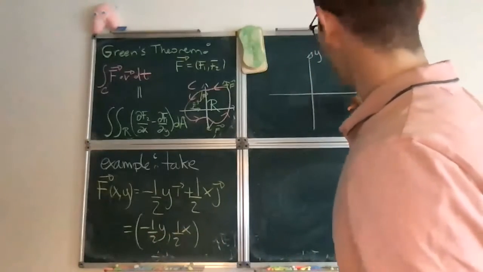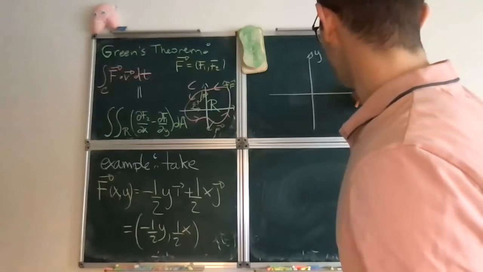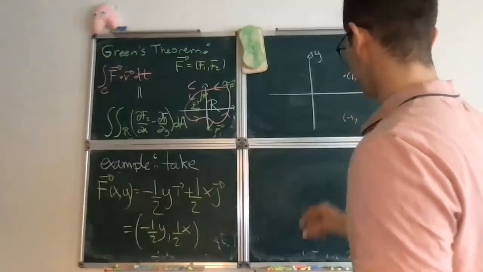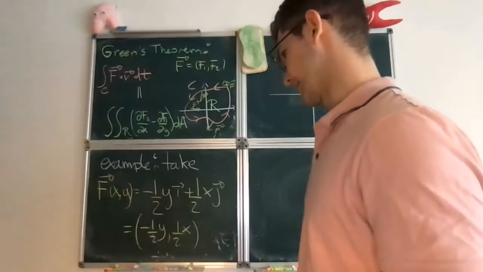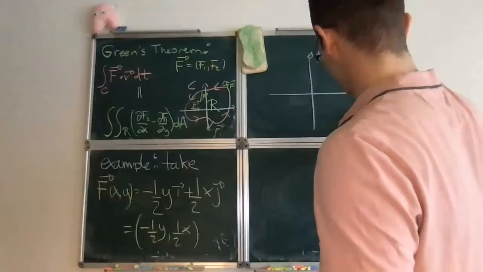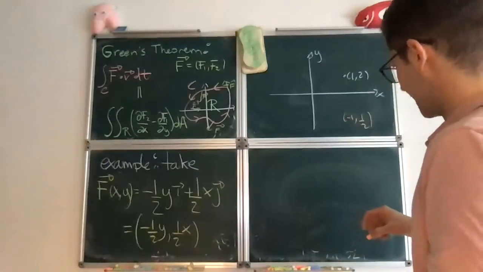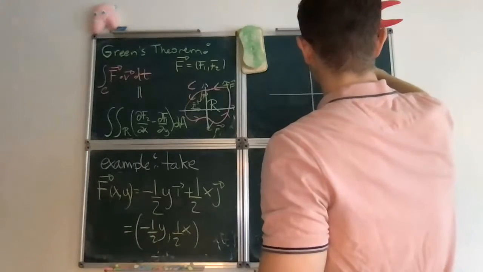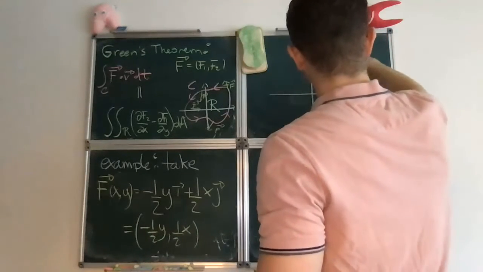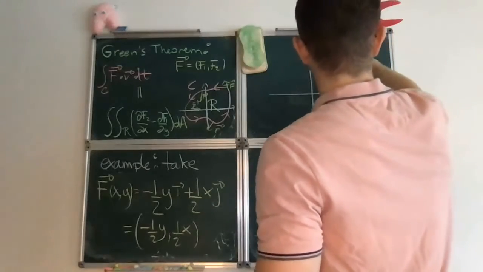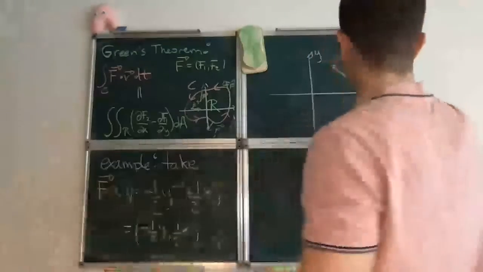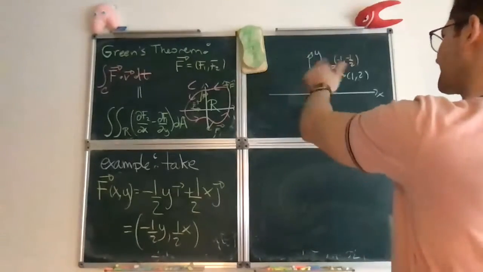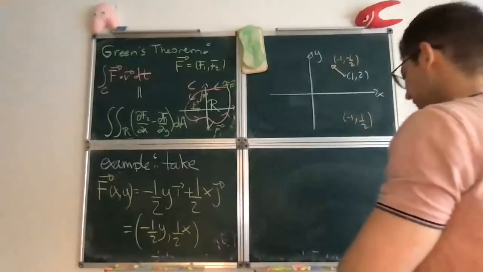So y is 2 in this case, so the x component is -1, right? Let me just write it here. And the y component is 1/2 of x, so it's 1/2. And so this vector is something like this, right? It points to the left because the x component is negative, and points upstairs to the north because the y component is positive.